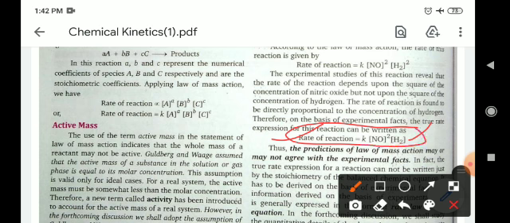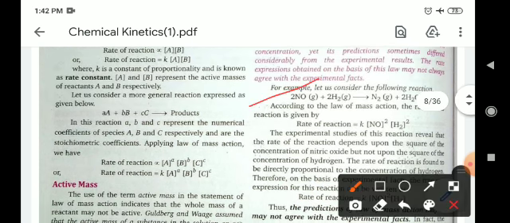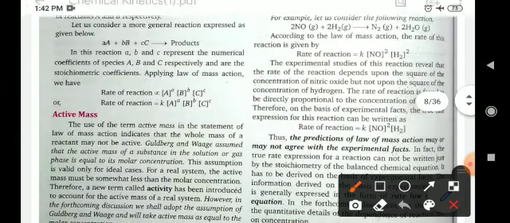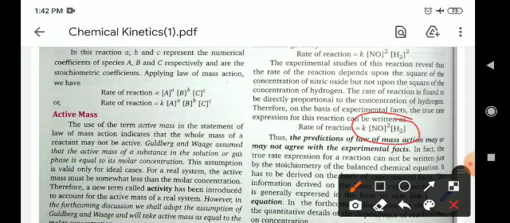If you go according to the stoichiometric coefficients, then the rate law will come like this, but according to experiment it will come like this, because in this reaction experimentally the rate depends twice on the concentration of NO, but on hydrogen concentration only once. So the experimental data and theoretical data will be different.